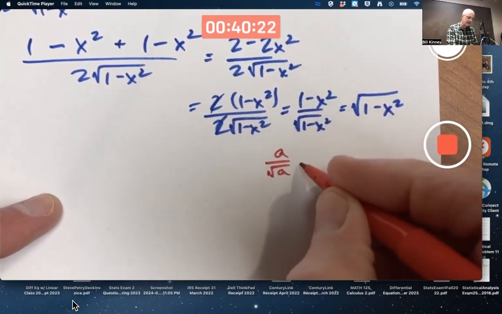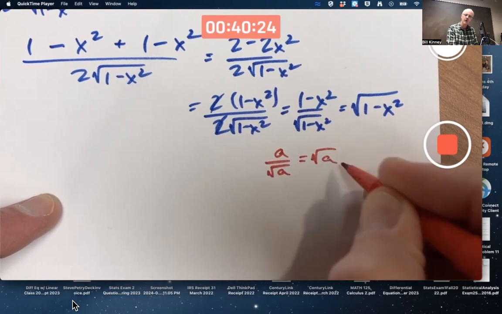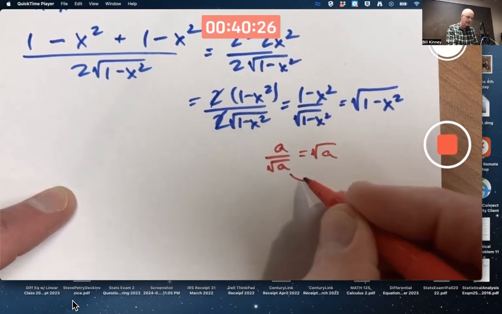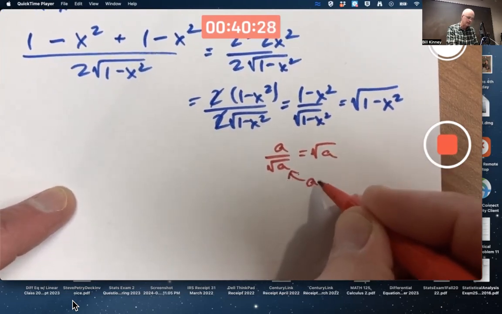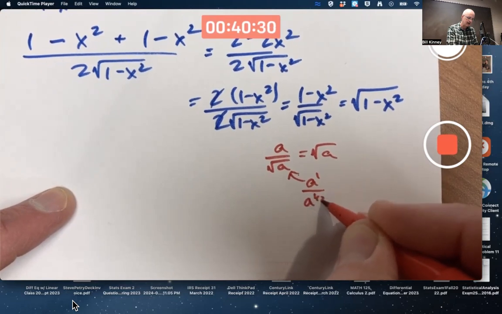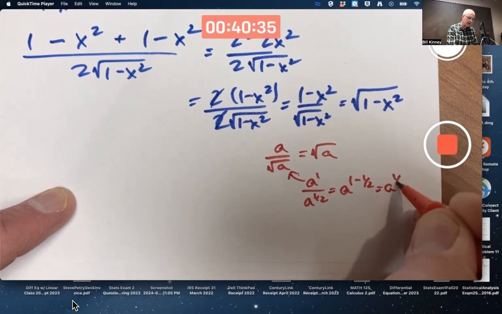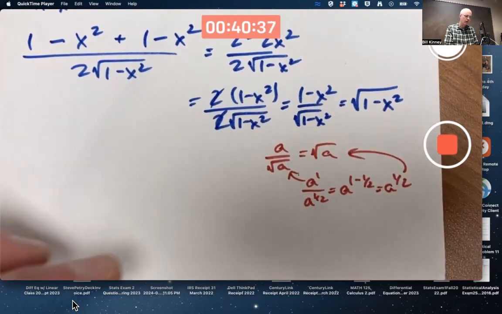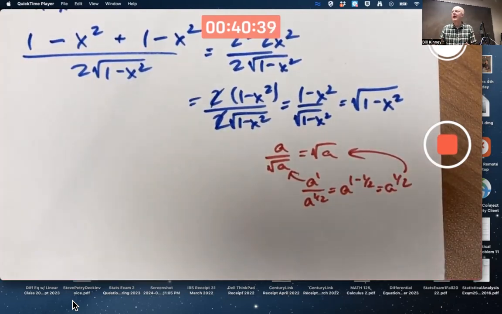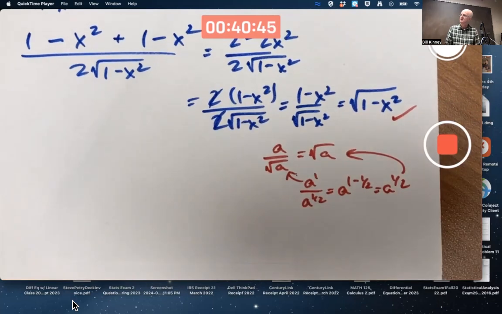When the number is positive, at least, that is the square root of the number. Why? Because, well, you can think of it in terms of exponents if you like, and subtract the exponents like this to get that. Or you could think of a as square root of a squared. Let's see that. So check, it worked. Amazing.